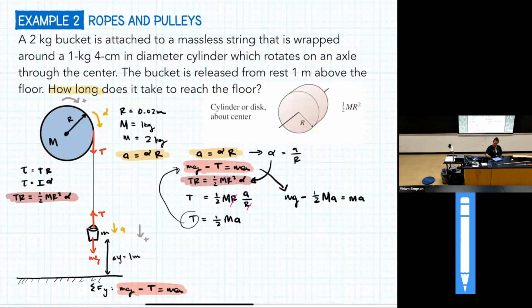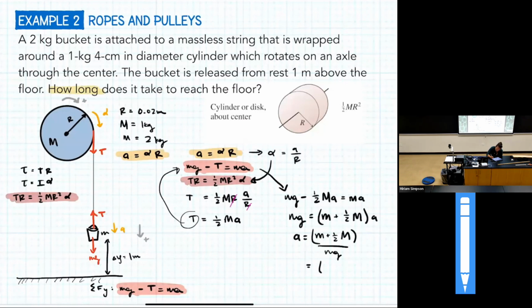All right. And then we're going to solve for a. So that becomes mg is equal to m plus 1/2 big M A. So A is going to be mg divided by m plus 1/2 large M. We plug all our things in.